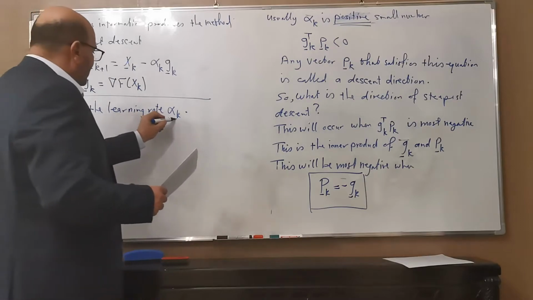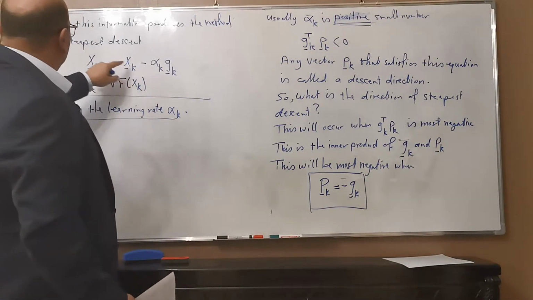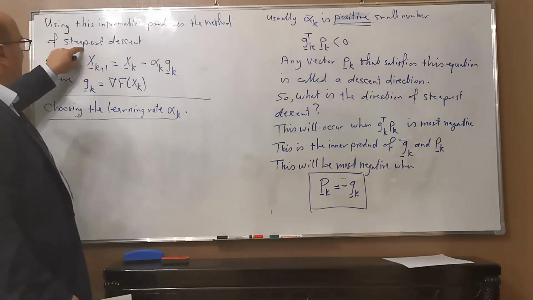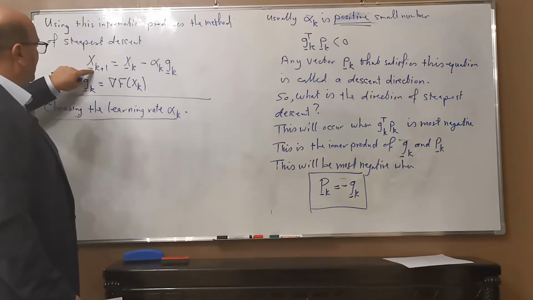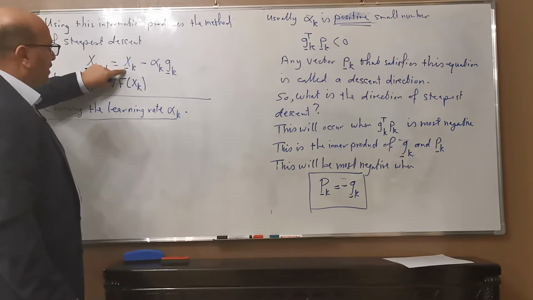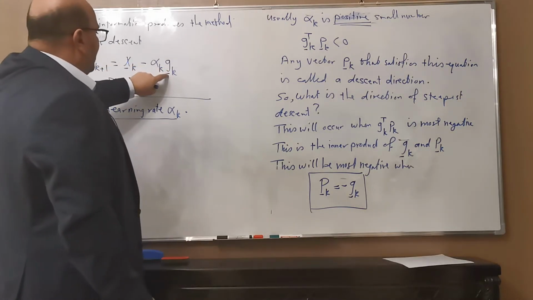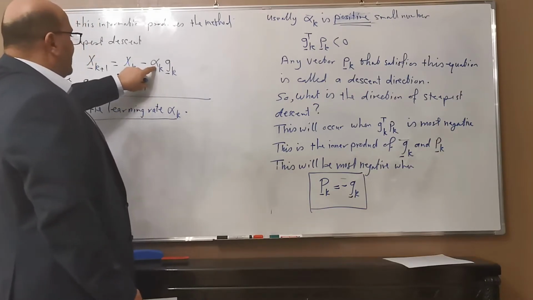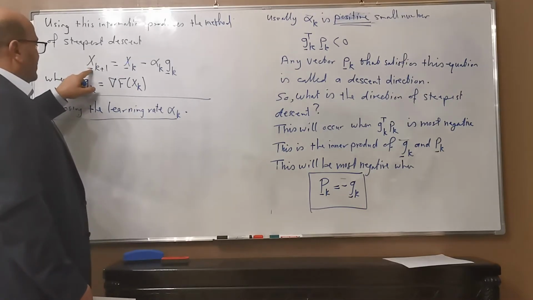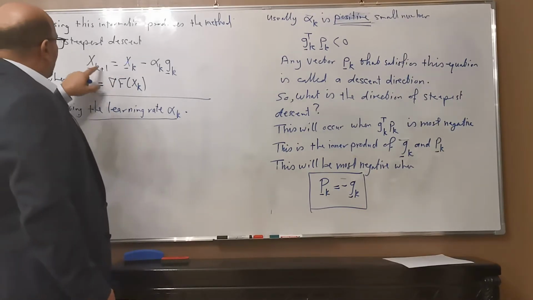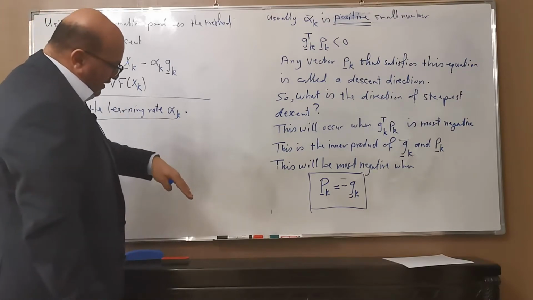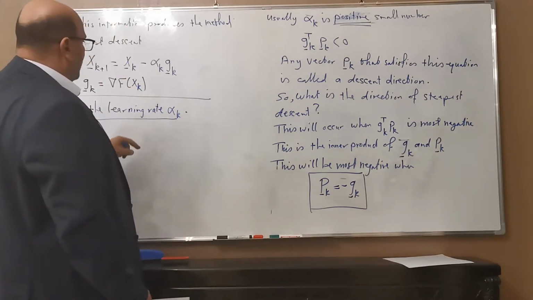This is an important issue, so let's take a while here. Steepest descent means that you are going step by step, iteration by iteration. First iteration, initial guess, you find the gradient, you multiply it by the step size with a negative sign, and you find x of k plus 1. You plug it into f of x and you find that f of x is reducing every time as you go downhill until you reach the minimum point.